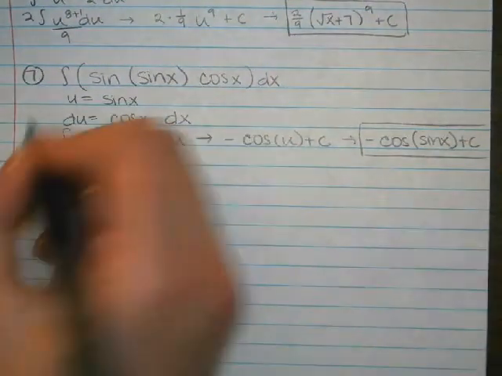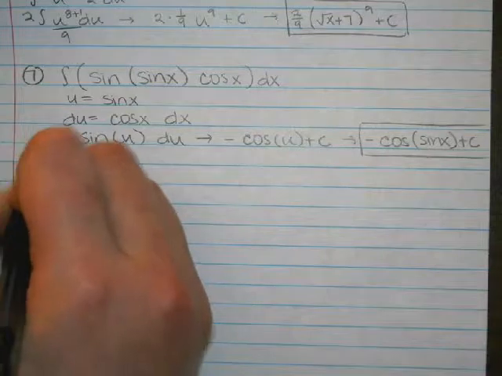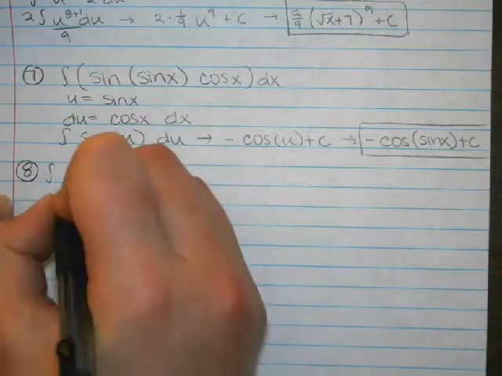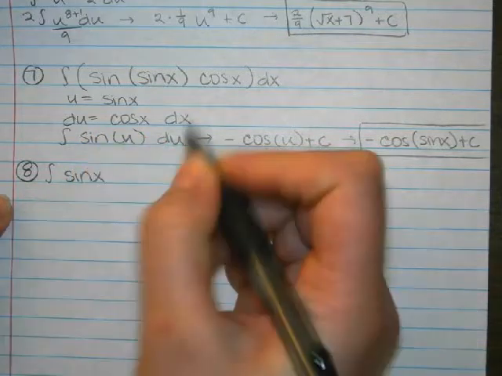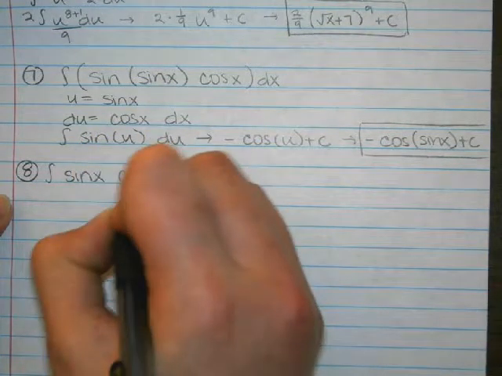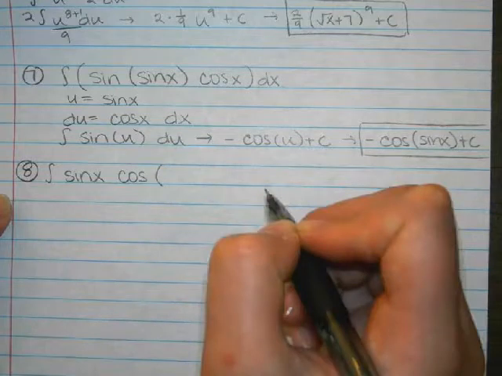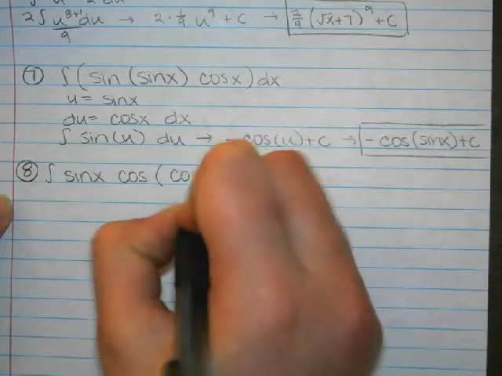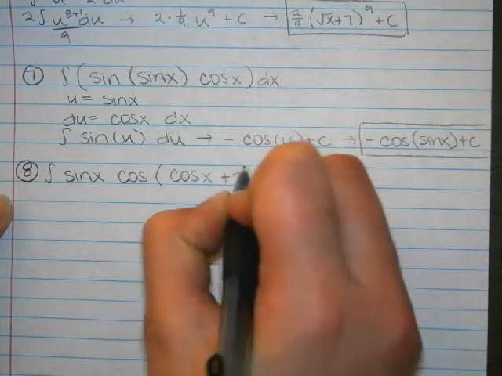We'll go ahead and do one more. So example 8. Sine x times cos of, so this is the outside function, the inside function is going to be cos x plus 2.